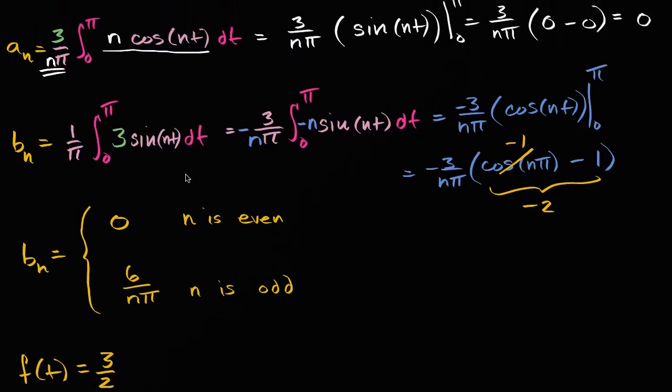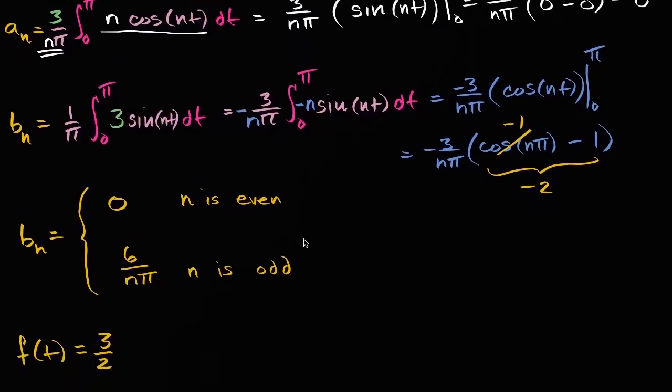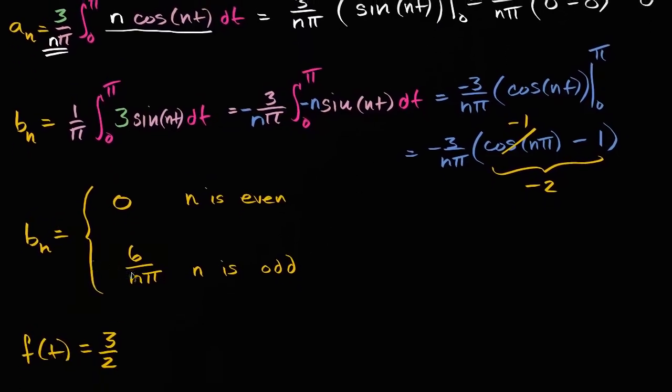We figured that out. All of the a sub n's are going to be 0. And then the only b sub n's we have is when n is odd. So we're going to have b sub 1. So that's going to be 6 over 1 pi, 6 over 1 pi sine of 1 times t. So sine of t.